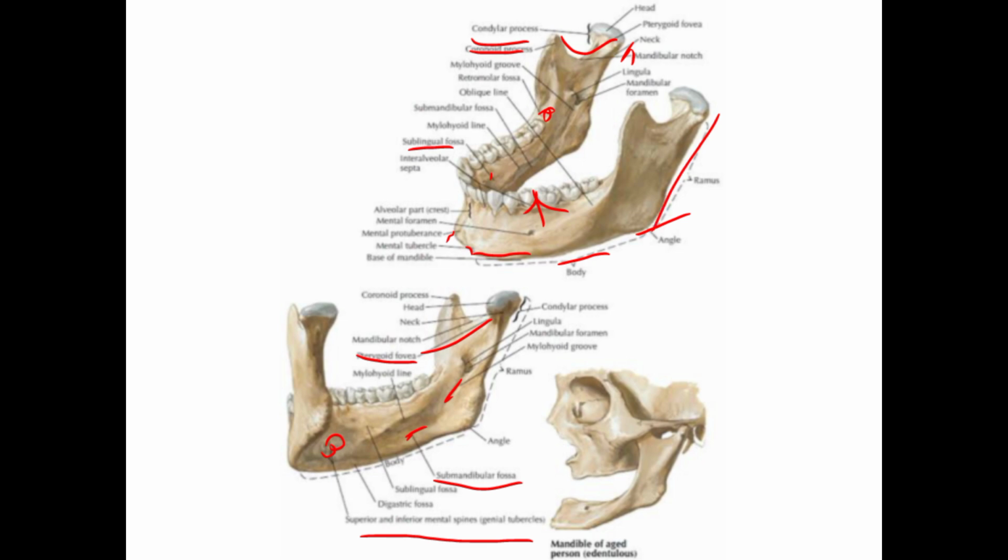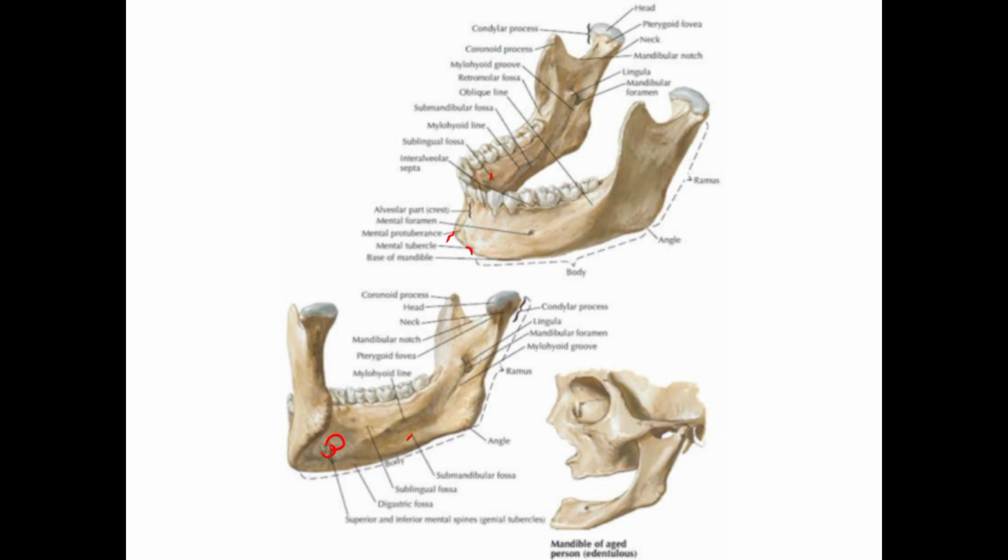So there are some muscle attachments. You should also know which muscles are attached at which point of the mandible. So number one, buccinator. The buccinator originates from the oblique line.